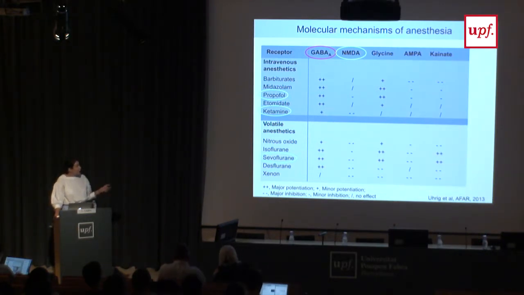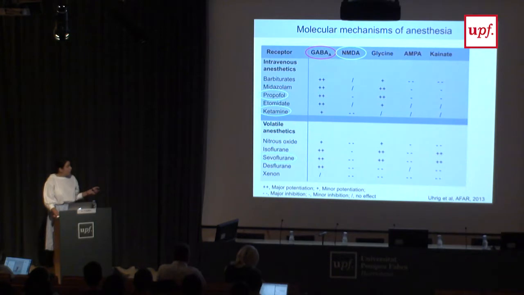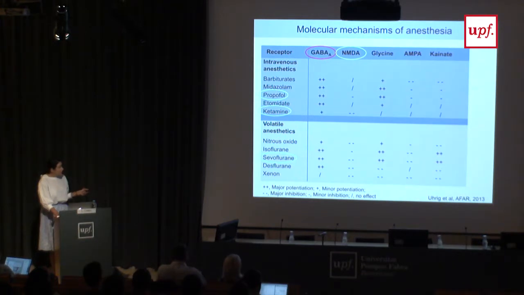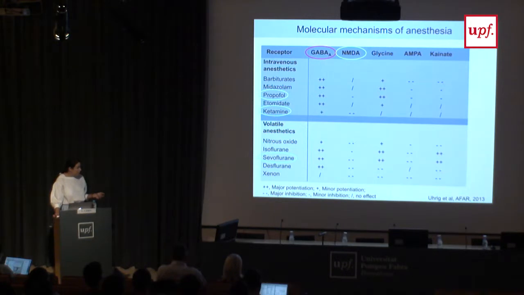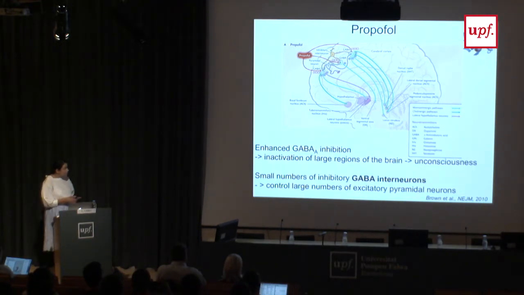The main targets, like I told you, for the molecular agents are the GABA receptors and the NMDA receptors. Propofol mainly targets the GABAergic receptors in the brain. Ketamine mainly targets NMDA receptors in the brain, and sevoflurane targets both receptors in the brain, and then at the end you have consciousness loss for all these molecules.